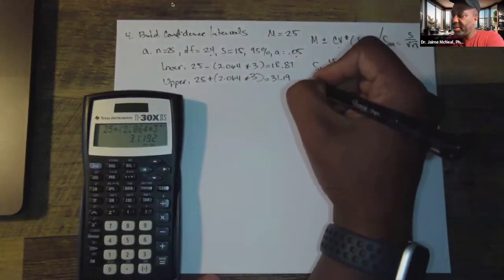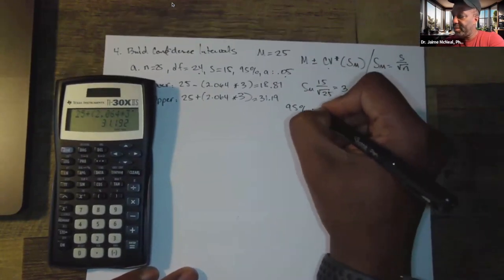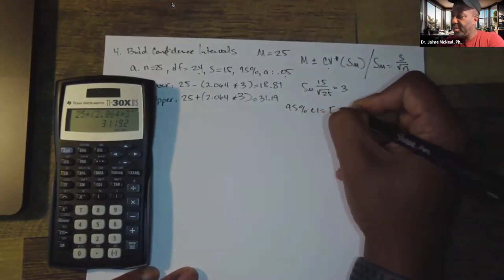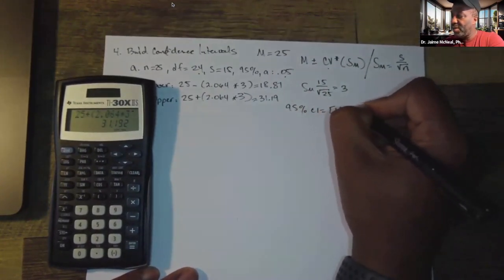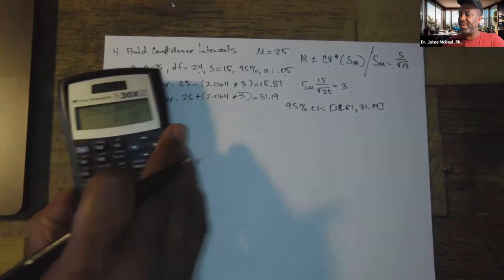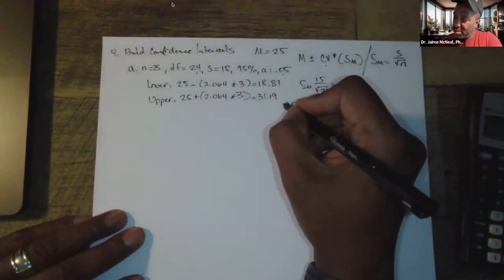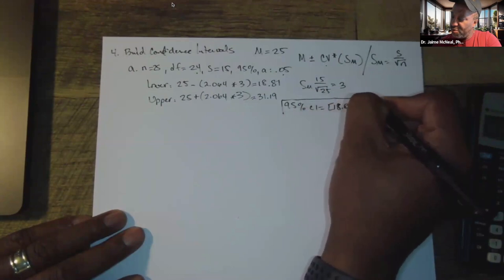So the 95% confidence interval, to write it out, is 18.81, 31.19. Simple, dimple. That's the answer for A.